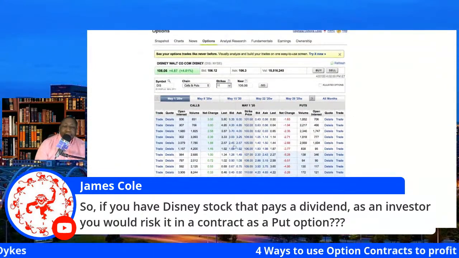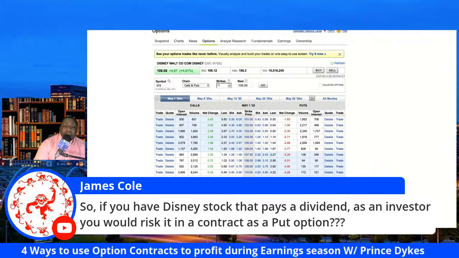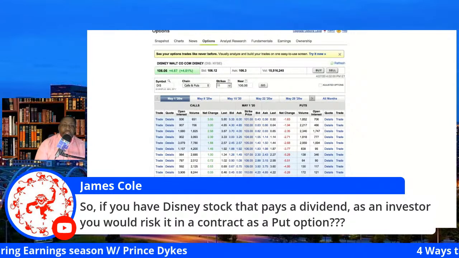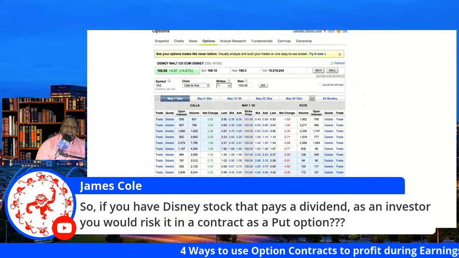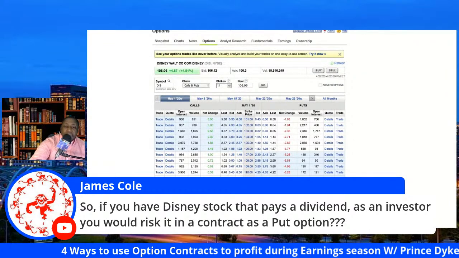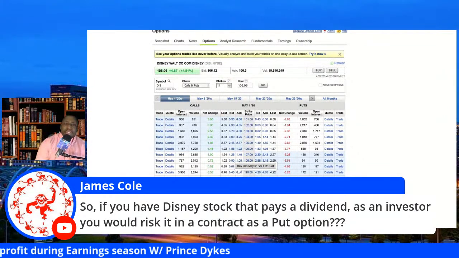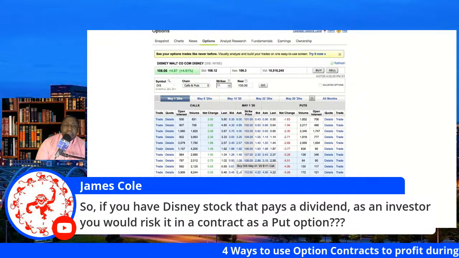Right now, somebody is offering about $30 to be able to buy your stock for $111 by May 1st.